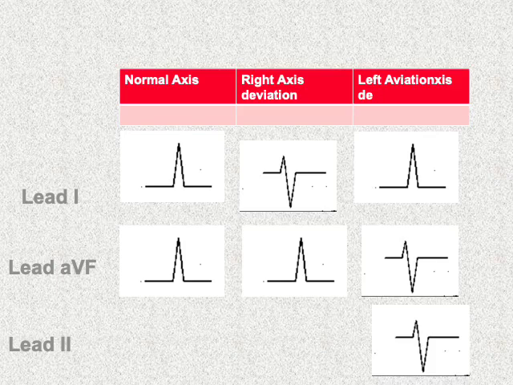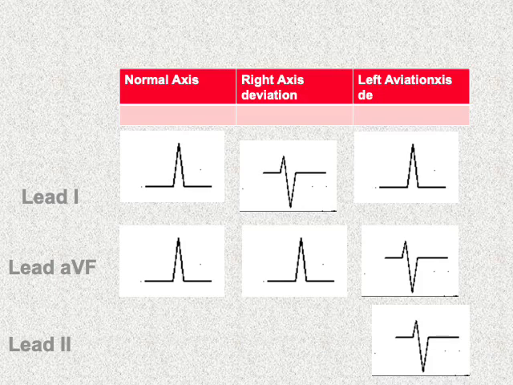If they are away from each other, so lead 1 is positive and lead aVF is negative, this is left axis. There is a difference between left axis deviation and leftward axis, but left axis deviation is a little bit different. We have to have lead aVF negative and also lead 2 negative.